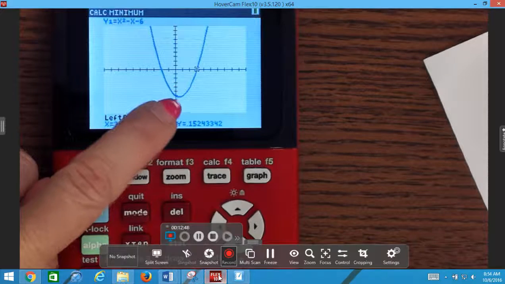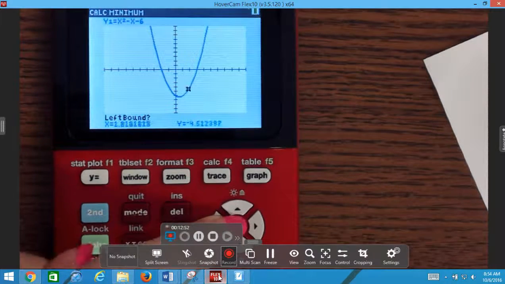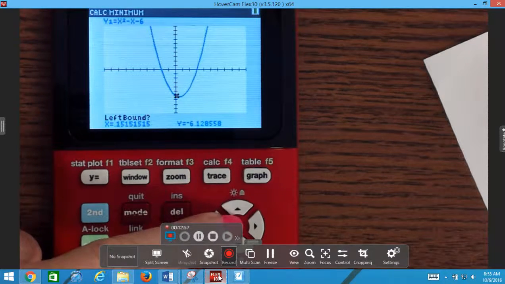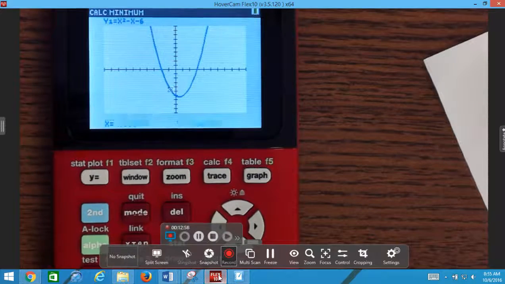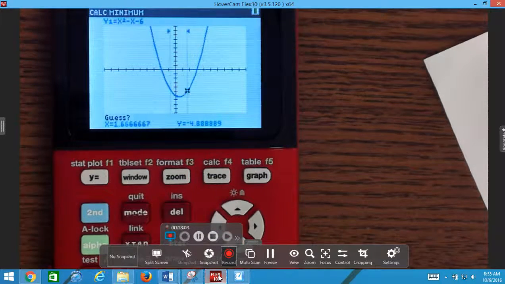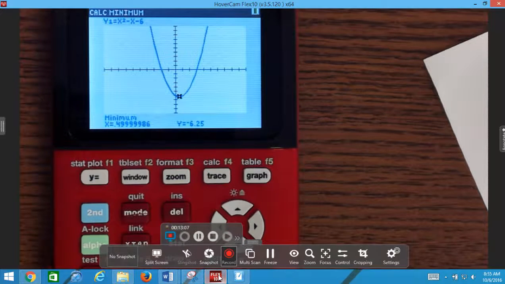And the vertex is all the way at the bottom, so that's the point that I'm doing the left bound and right bound for. This bottom point, I'm going to go to the left of it and hit enter, and go to the right and hit enter, and then guess, enter.